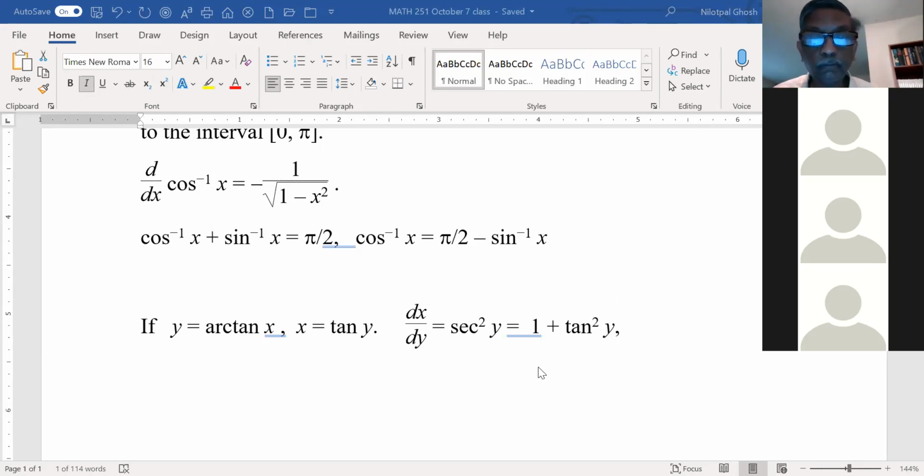Okay. So that would be equal to 1 plus x square, because x is tan y.